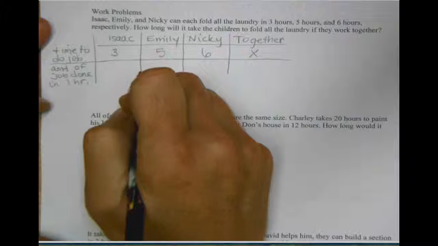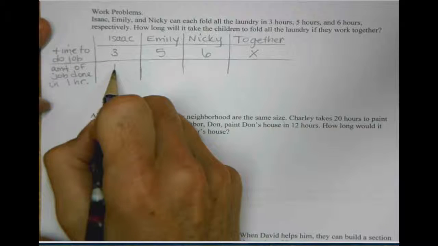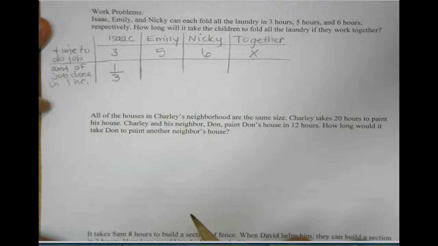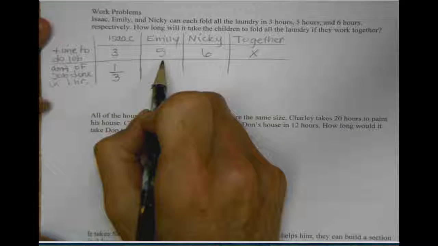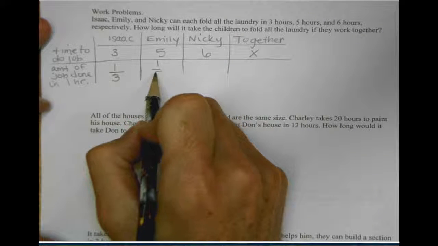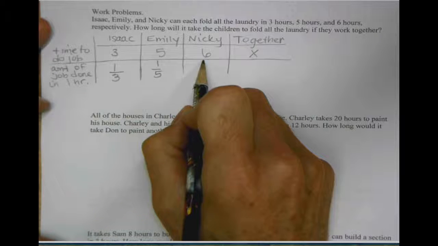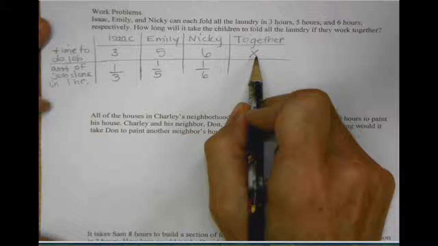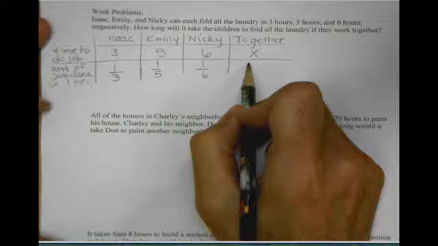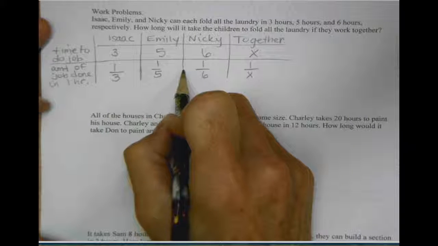And if it takes me 3 hours to complete a job, in 1 hour the job would be 1/3 of the way finished. And if it takes me 5 hours to complete the job, then I'll have 1/5 of the job done in 1 hour. If it takes me 6 hours, 1/6, and if I don't know how long it takes me, it'll take 1/x, whatever that x happens to be.